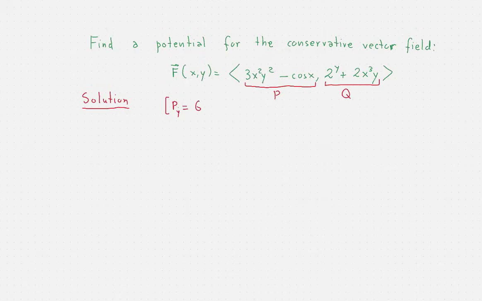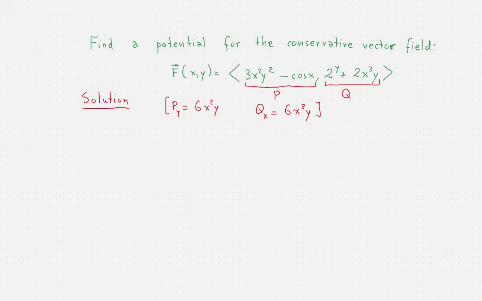And if we take q sub x, then we see that this is 6x squared y also. And in the case of R squared as the domain of definition, this condition is also sufficient, which means that this vector field has to be conservative.